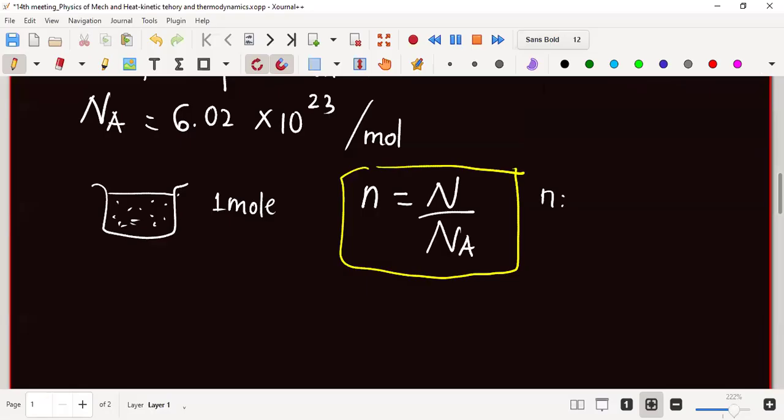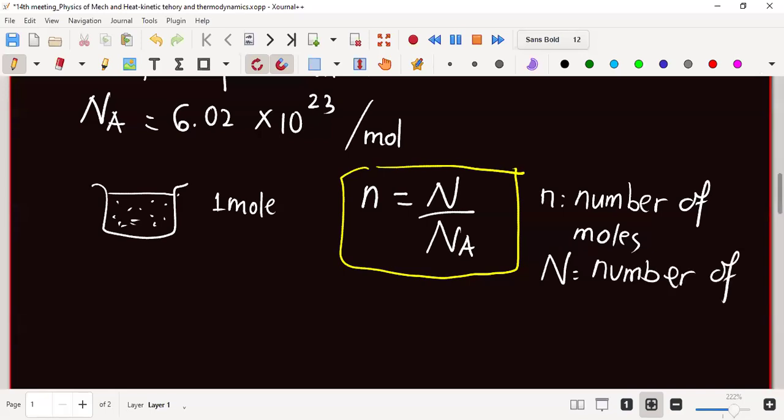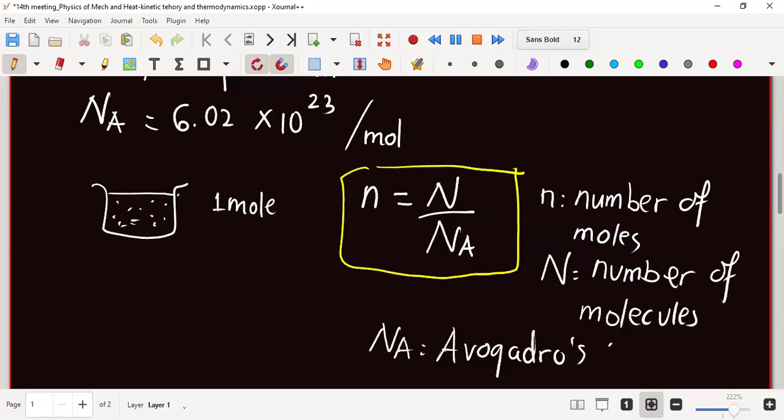So n is the number of moles, and then capital N is the number of molecules, and NA is Avogadro's number. Okay, these are important quantities.